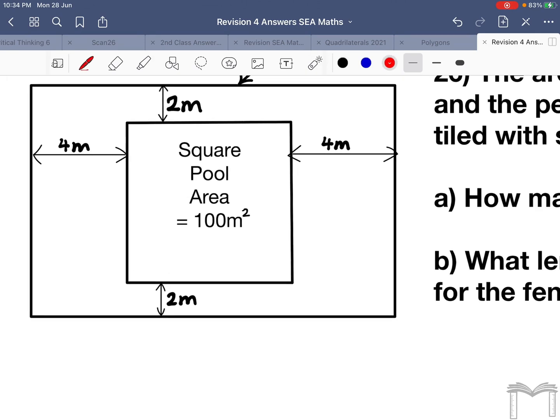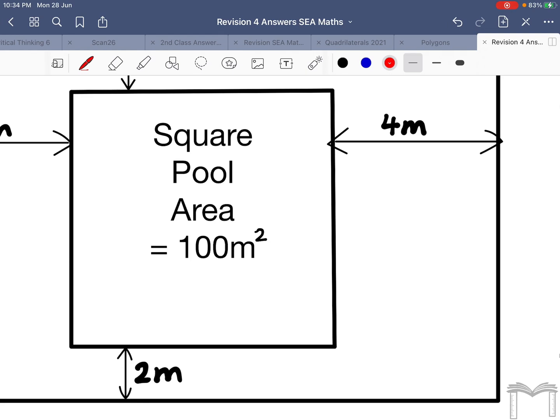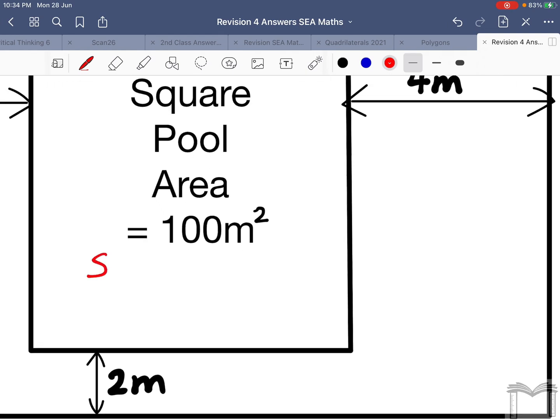So first we have a square pool with an area of 100 meters squared. So the length of the side of the pool will be the square root of the area, right? The square root of 100 is 10. We know 10 times 10 is 100 meters squared. So this side here is 10, and this side here is 10.